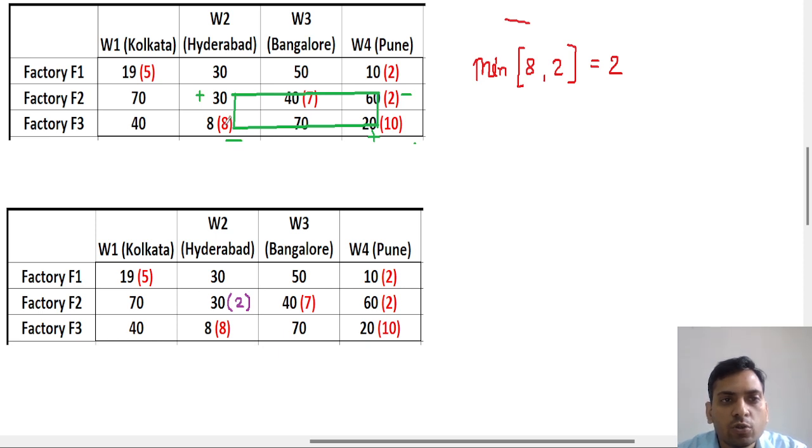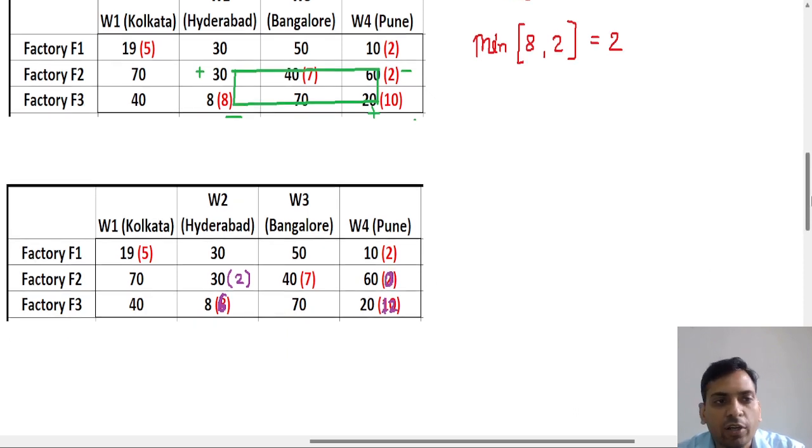So this is reduced to 6 by subtracting 2. So this become 2. This minimum number is subtracted. Now this is plus location, so we will add in this location 2. So this become 12. So this is 12, and this is minus location and this value is 2. So this become 2 minus 2 as 0. So this is the final allocation.